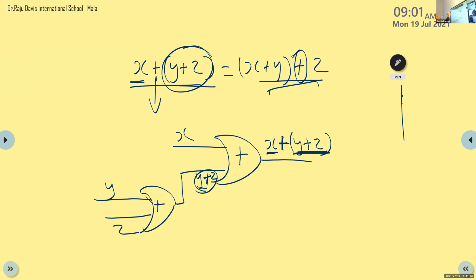So first draw one OR gate and the two inputs are x plus y and z. Vinaya completed? Yes, ma'am. Okay.